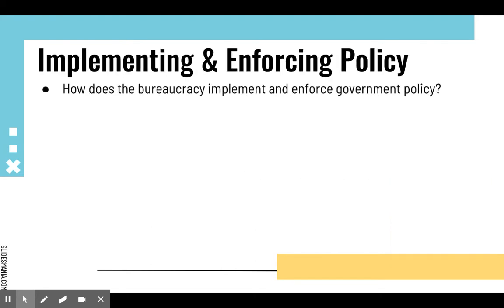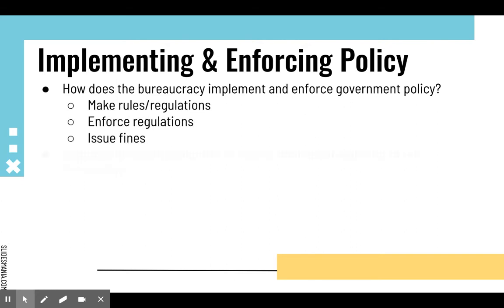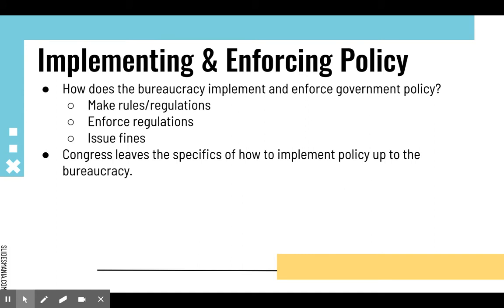So, how exactly does the bureaucracy implement and enforce government policy, right? So, it's going to come from the power of Congress. But to do this, Congress gives the bureaucracy the ability to make rules and regulations, enforce those regulations, and then issue fines. So, in this part of the government, Congress is going to leave the specifics of how to implement policy up to the bureaucratic agencies.